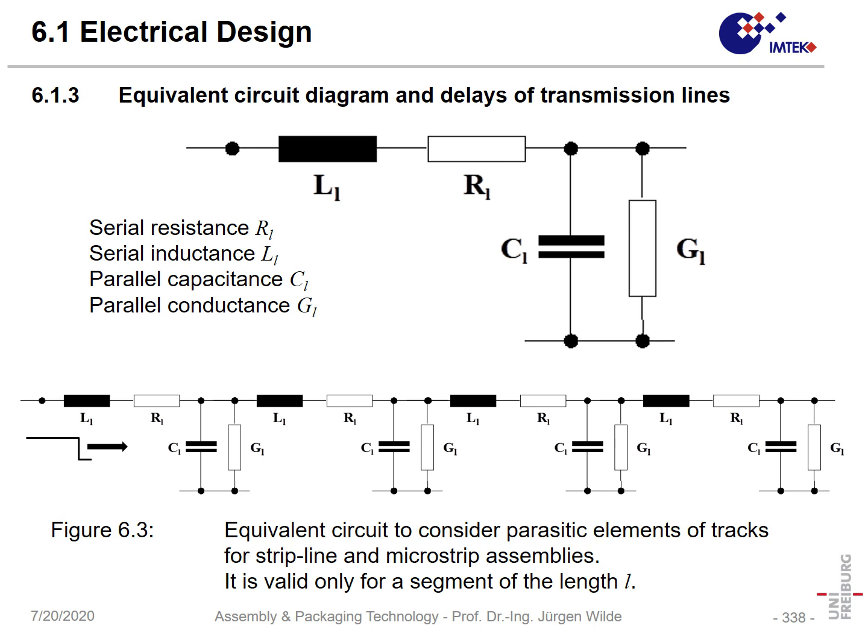If we take the equivalent circuit diagram of a transmission line and take it only for a certain short element of that line, we have the serial inductance, as we have seen it. We have the serial resistance, and we have a parallel capacitance.